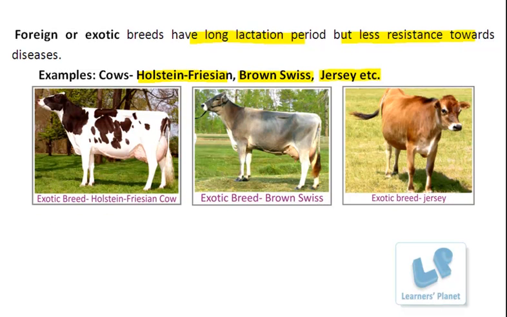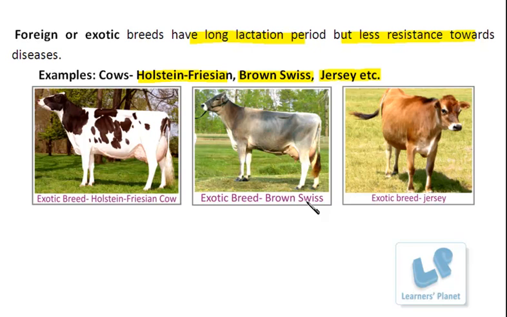Right. So from these points, one thing is very clear: whatever type of animal farmers are rearing in their farms, some disadvantages will be there, either in terms of resistance towards disease, or in terms of milk production.